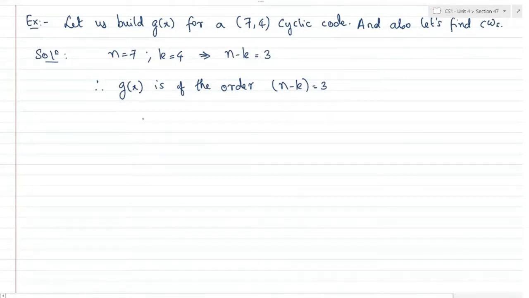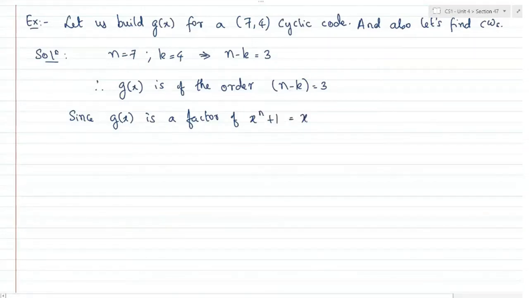Since g of x is a factor of x power n plus 1, which in our case is x power 7 plus 1, when you factorize x power 7 plus 1, one of the factors should be g of x. So we can try to find the factors of x power 7 plus 1, keeping in mind that g of x is of the order 3.